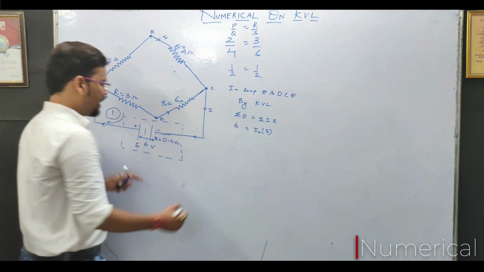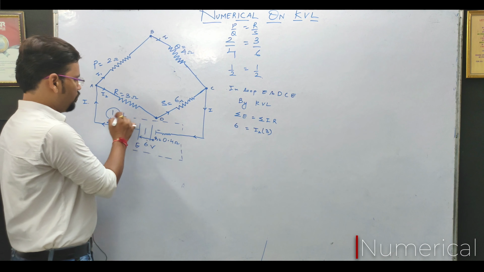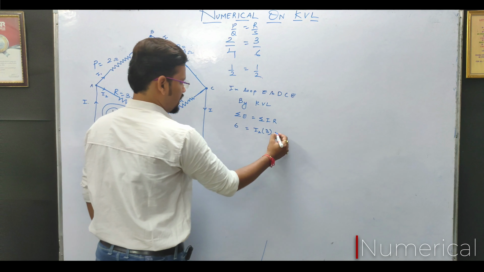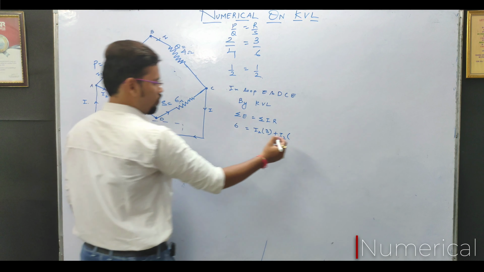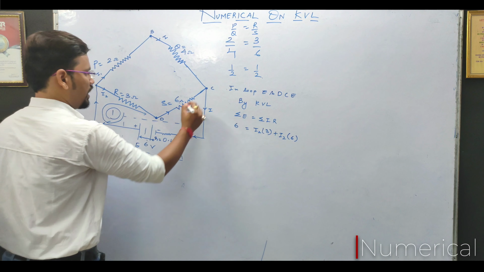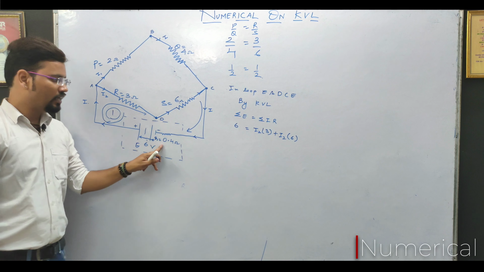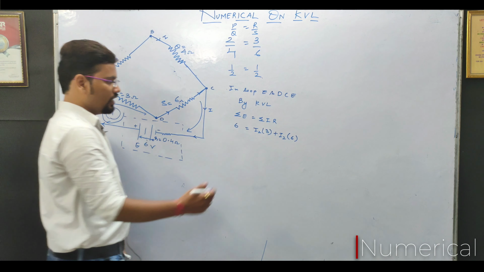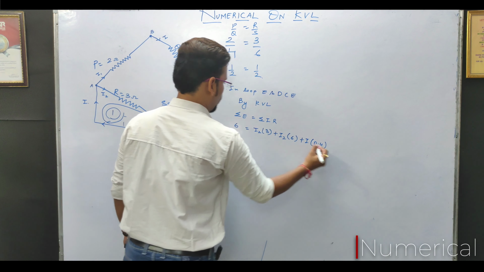Direction of loop and direction of current is same, that's why it will be taken as positive. Then moving forward, after R it will have the resistance S, I2 into value of S, 6 ohm. Then moving forward we will get internal resistance 0.4 ohm, in which the current capital I is going, so plus I into 0.4 ohm.